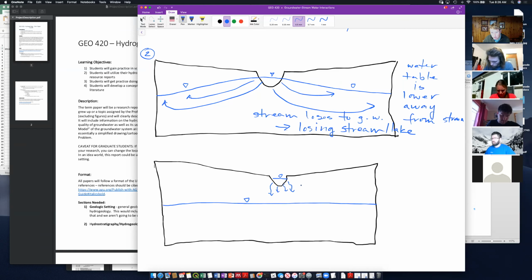So this we'll call 2A. We're losing, so it's a losing reach, but it's not connected. The water table is not connected. So we would call this one losing, not connected.